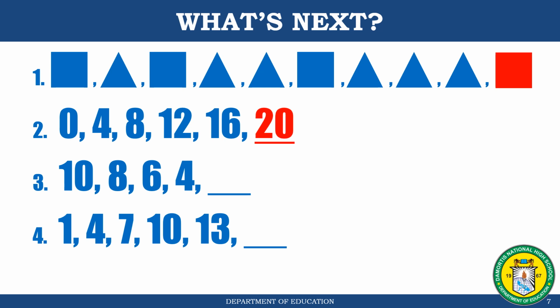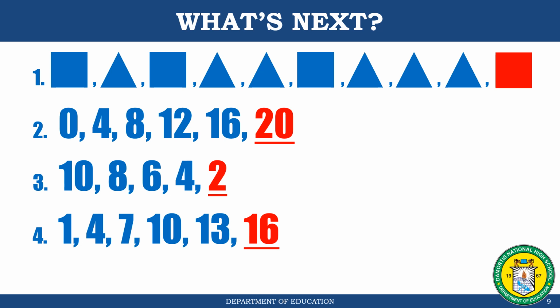Definitely yes. The answer is 20. What about the next number in number 3? Absolutely correct. The answer is 2. And last, what is the next number in number 4? Very good. The answer is 16.